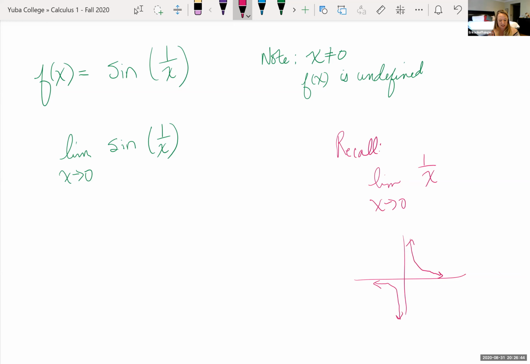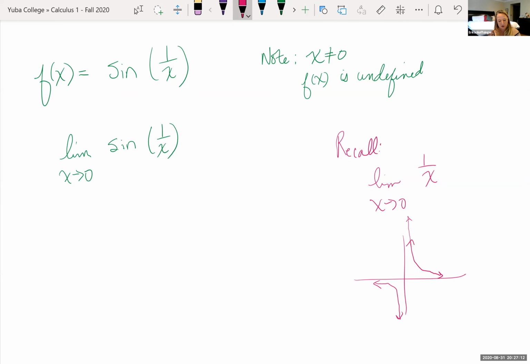So this is going to grow to infinity if we're coming in on the right, but on the left, 1 over a negative number close to 0 goes to negative infinity. In either direction it grows really fast as we get closer and closer to 0.